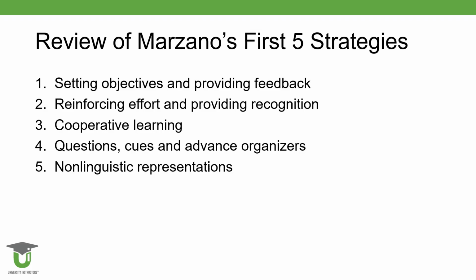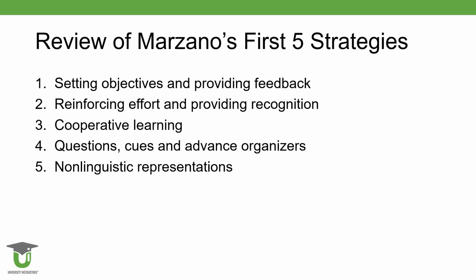When students understand what they are expected to learn and how they are progressing, they can adjust their efforts more effectively. Objectives should be student-friendly and tied to real-world relevance, while feedback should focus on process and improvement, not just outcomes. For example, an instructor might say, "You've solved 3 out of the 5 problems correctly. Let's review how to approach the remaining 2 differently."